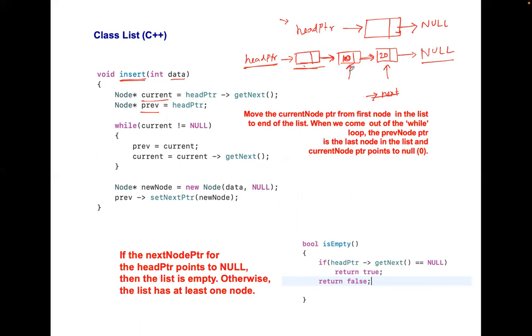All right, so the next pointer of the head pointer will be the first node, the node that has the first value of the list.